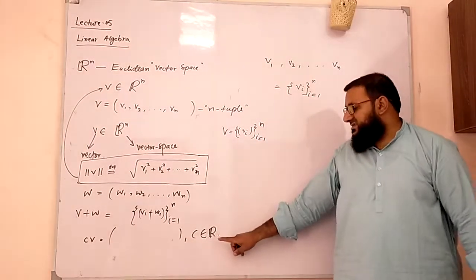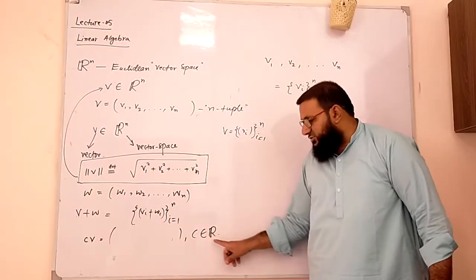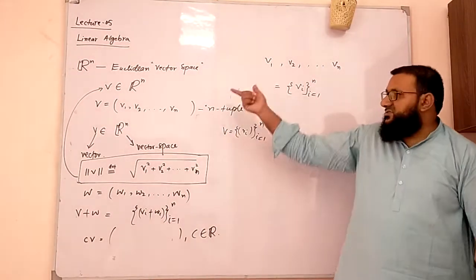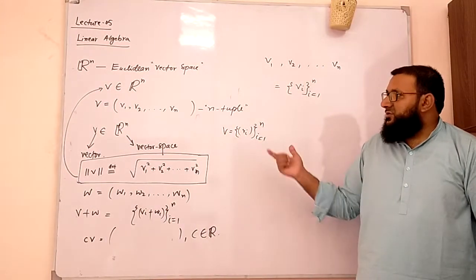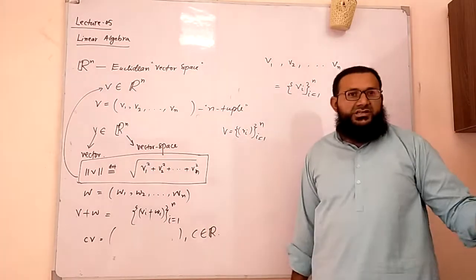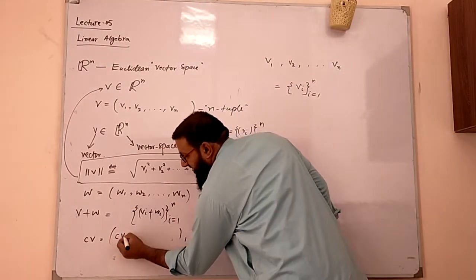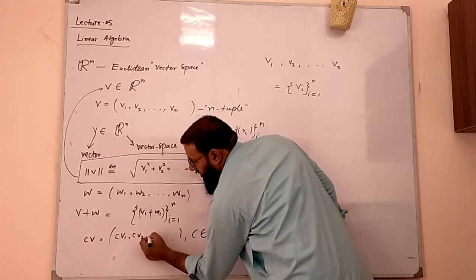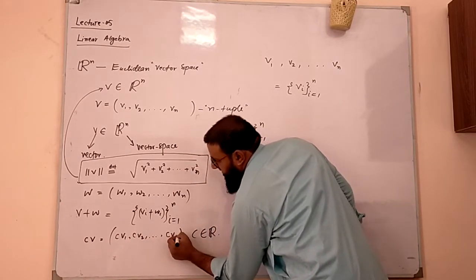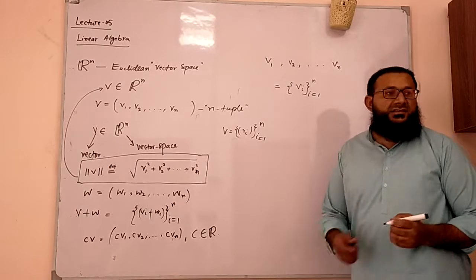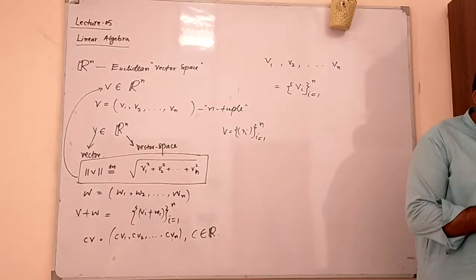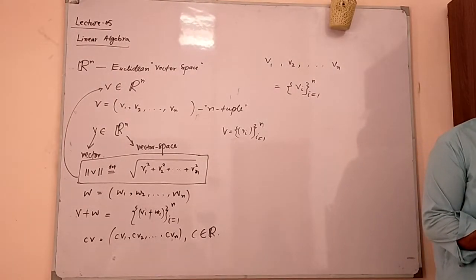We can take c to be in the set of complex numbers, but since we are in real Euclidean spaces, we are only concerned about real numbers. So what is this? This is cv1, cv2 up to cvn. We scale each and every component.